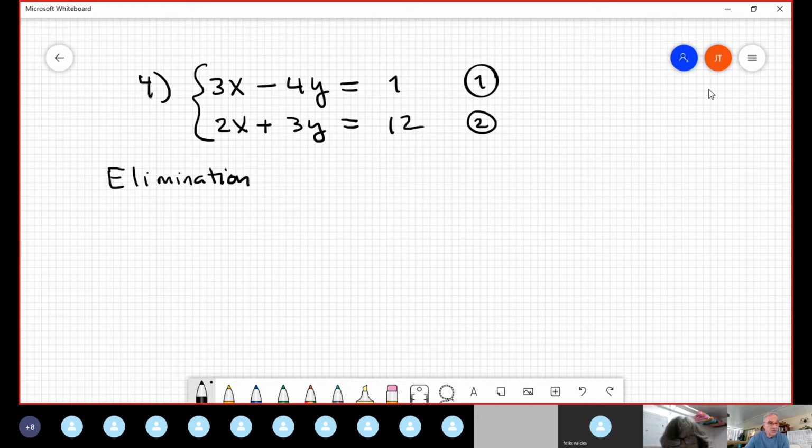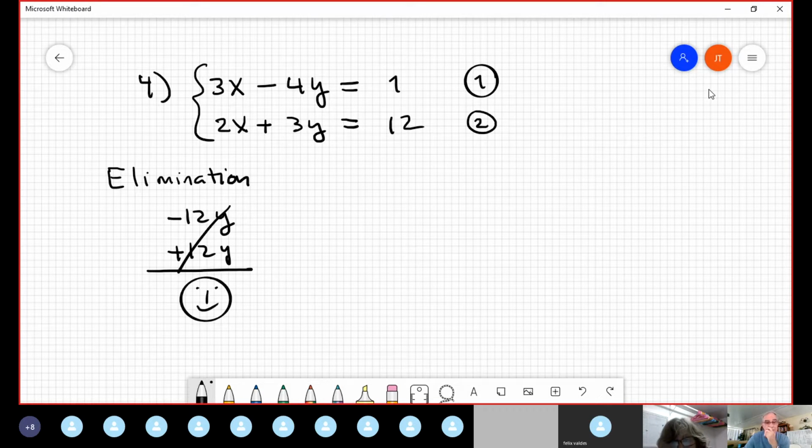What is the idea for elimination? The idea is to have the same coefficients, for example, -12y and +12y, and when you add them, you get 0. This is the idea for elimination.